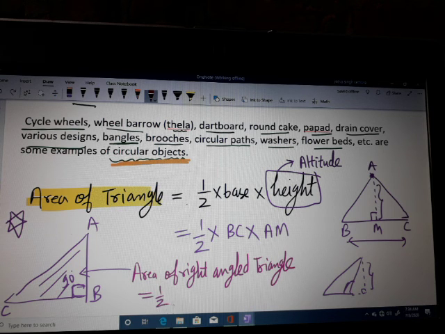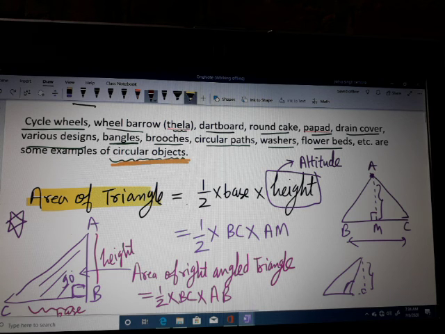What is the 1/2? What is the base? Base is, you can consider this side as the base. And what is the height? This is the height, this is the base. Height equals AB. You can easily find out the area of this region. Area means this complete inside region. This region is known as the area of this triangle ABC.